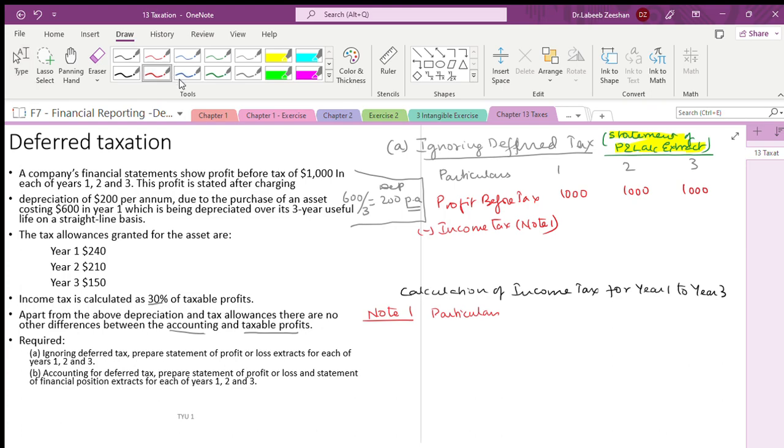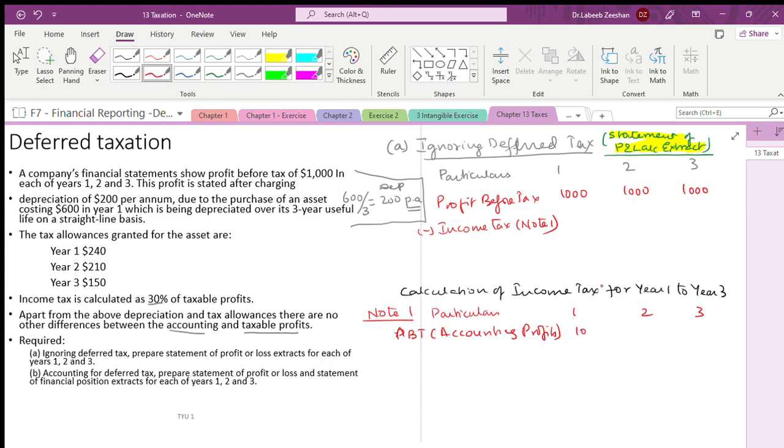Particulars, 1, 2 and 3. Now, whatever the profits they have mentioned, how much is the profit? This is profit before tax. Profit before tax is otherwise called accounting profits.